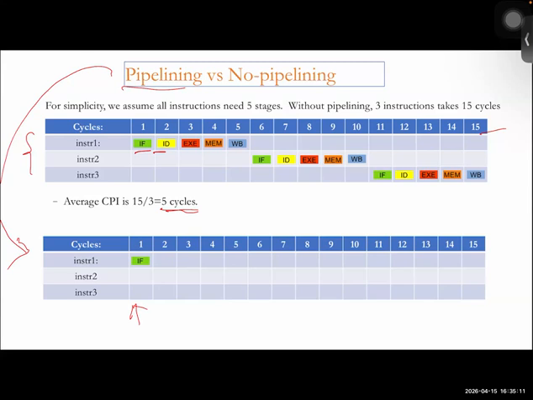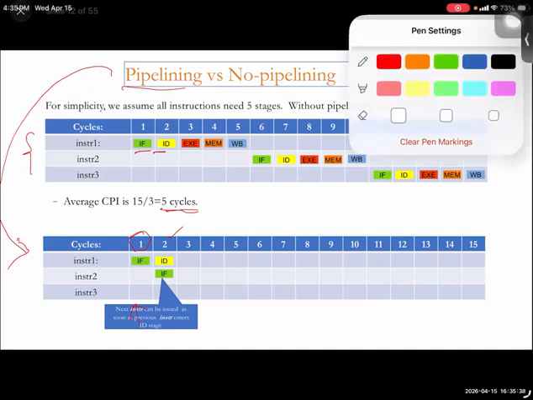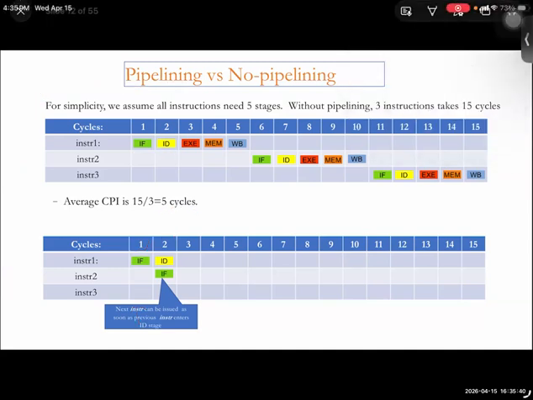Then in the second cycle, instruction 1 enters the instruction decode stage. That means the register file is busy in the read operation, whereas the instruction fetch functional units become idle. So instruction 2 can be entered into the pipeline, in the instruction fetching stage.